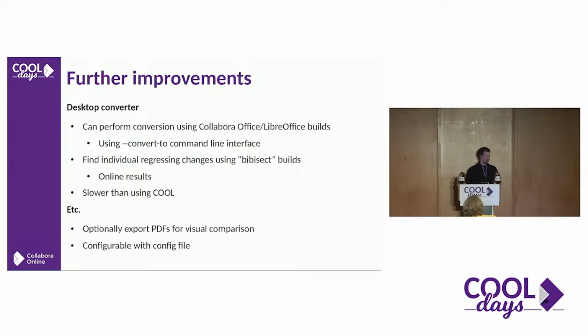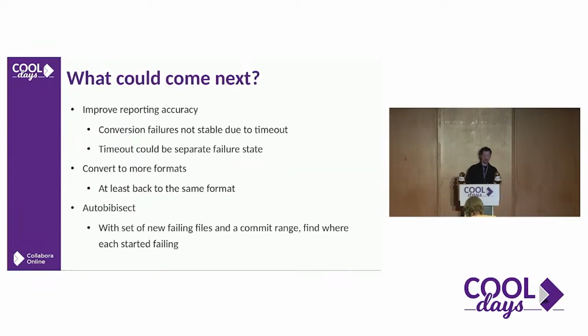Some other improvements: it can also create PDFs for visual comparison. This is useful for the fidelity aspect, and it can be configured separately in a config file. Some ideas for future improvement: the reporting accuracy.